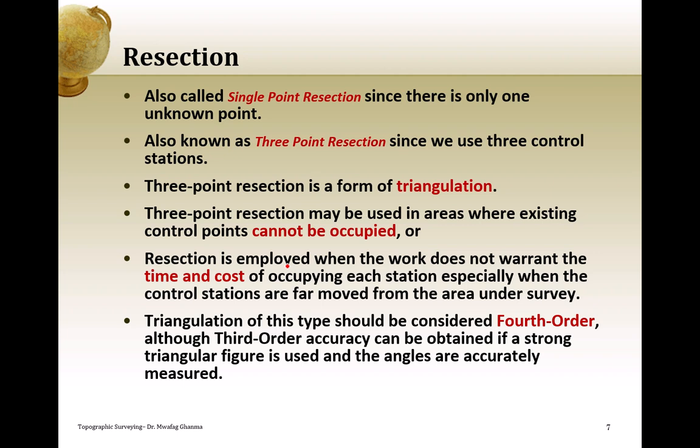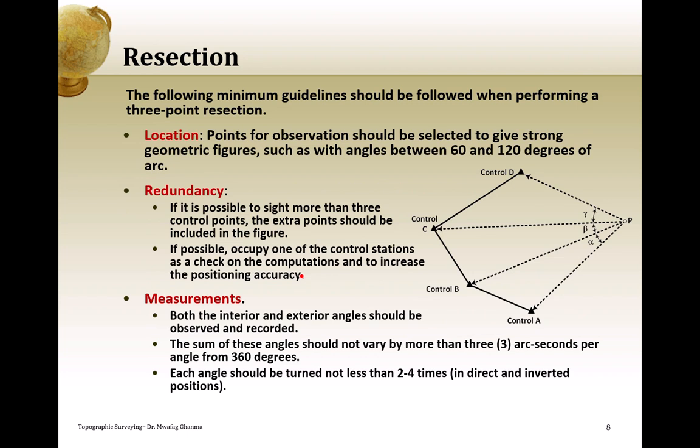If we have just a strong triangular figure, and the measurement of the angles was very, very accurately done. To ensure the strength of the triangles that we are doing the resection with, first the location of the points should be distributed in a way that the interior angles, like these interior angles here, are between 60 and 120, and this will add to the strength of the figure itself.